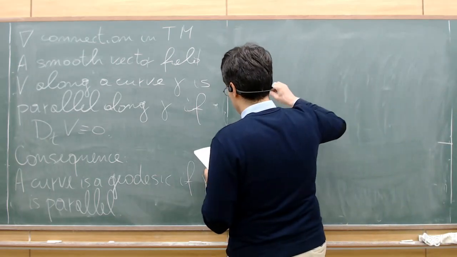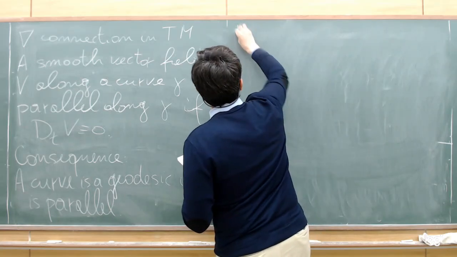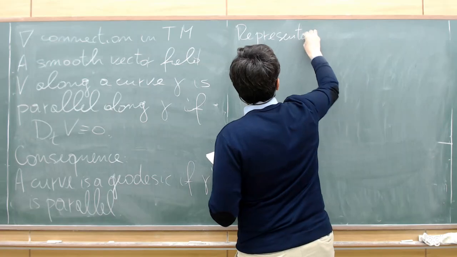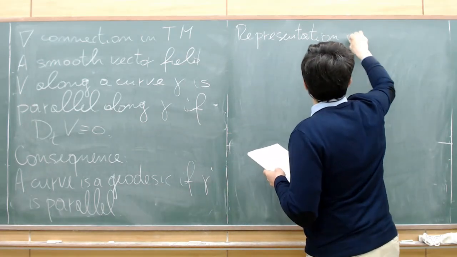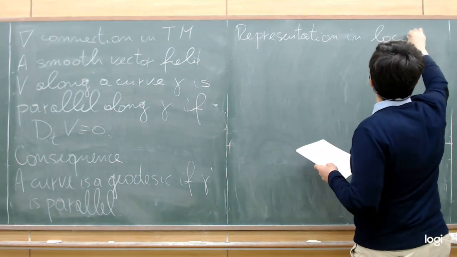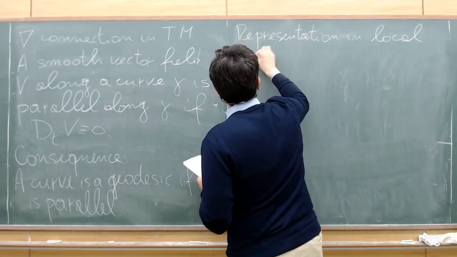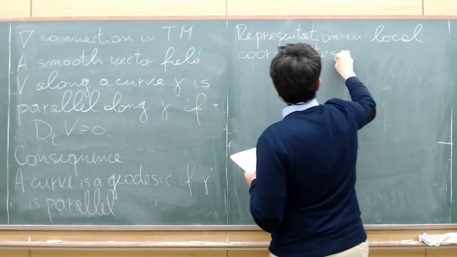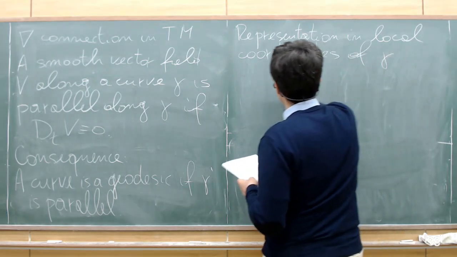So suppose that the representation in local coordinates of gamma is this.